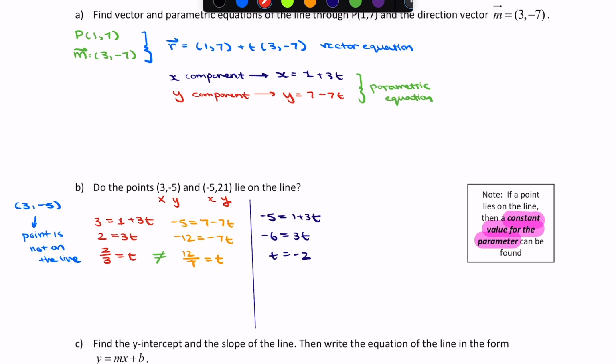And for our y component, again, we have 21 is equal to 7 minus 7t. 14 is equal to -7t. t is equal to -2. And so here we see that those are equal. And so again, we see that (-5, 21) lies on the line.